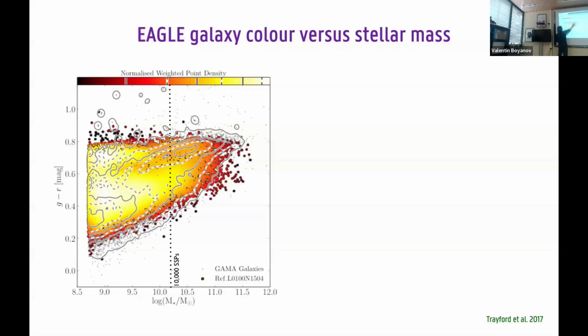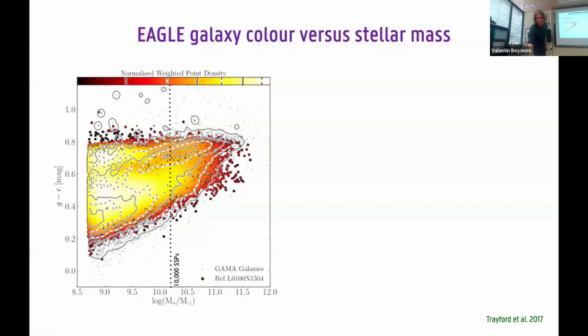This is the red sequence. This is the blue cloud. And now the colored distribution is what comes out of the EAGLE simulation. And you see, this is purely based on the particles, and you see it doesn't agree very well. So you have indeed a little bit of a red sequence, but it's here a lot rather than here. And this one is a bit offset, so it's not that good.